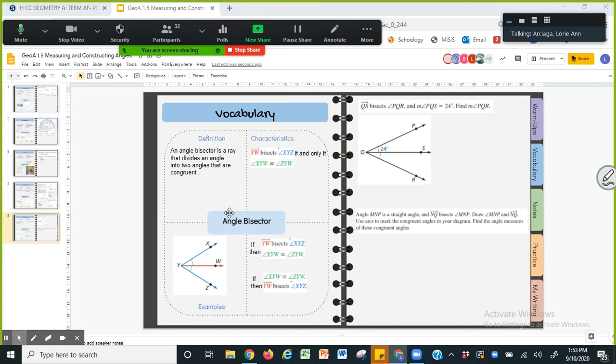Okay, so angle bisector. An angle bisector is a ray that divides an angle into two angles that are congruent. So pretty much it splits in half, right? And I wrote down the if and only if over here. I'm sorry if I kind of filled these up for you. I just thought that if we're going to write all of these now, then we're probably still in slide number 2 right now. So the YW bisects XYZ if and only if XYW is congruent to ZYW.